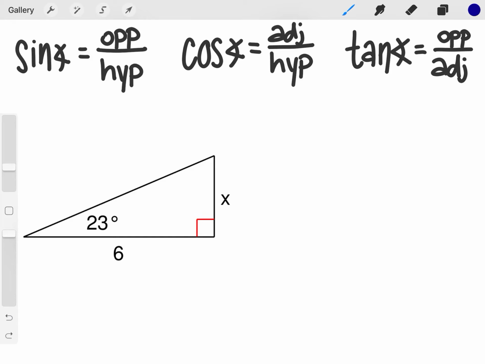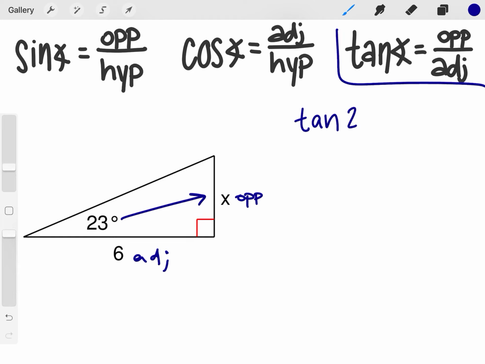All right, we have x as our opposite side, 6 as our adjacent side, making us have to use tangent. Tangent of 23 equals x over 6. To isolate x, we multiply both sides by 6.